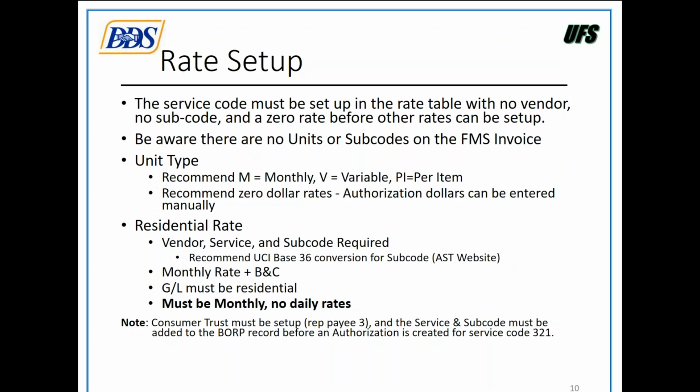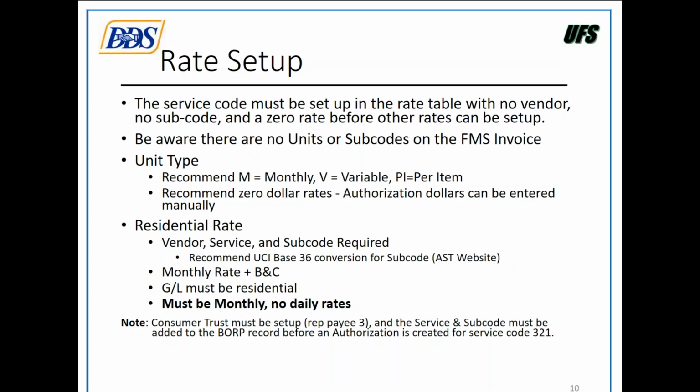Be aware, because of the way the program is driven by the consumer and handled by the FMS, there's no attendance requirements or anything like that with this program, so there's no units and there's no subcodes, except in the case of residential, and I'll discuss that in just a second.